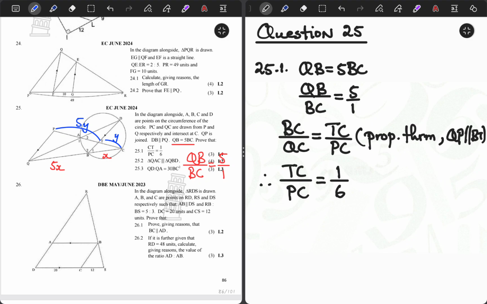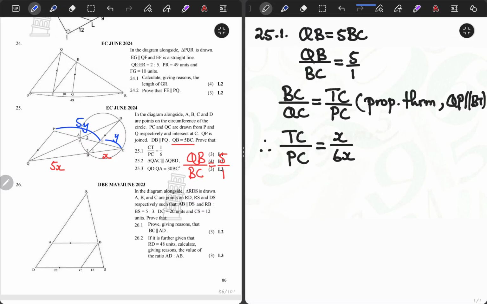For 3 marks, you can do this. If you want to play around, you can start here. You'll say BC over QC, it's x over 6x.